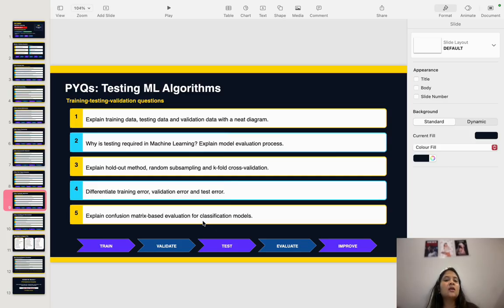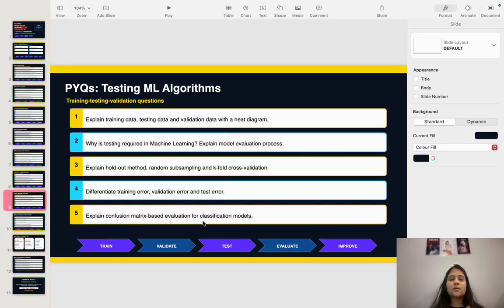Because conceptual or theory questions are concept specific, they will ask as it is, whereas in numericals they can change the numerical data and all. Okay, but formulas will be used according to the concept base which is there in your syllabus, but practice numericals also if you want to score well in this specific subject.